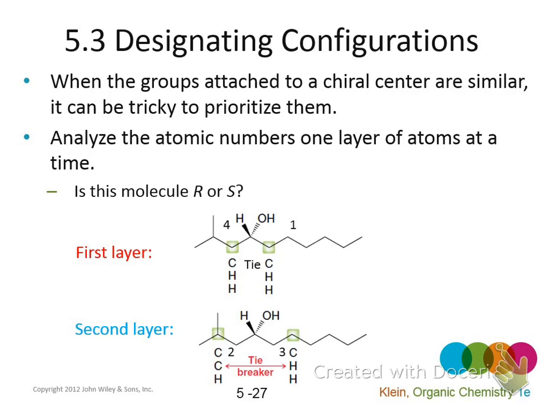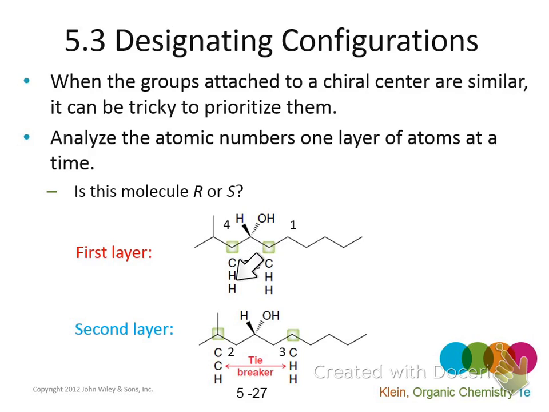Okay, let's do this one. This is just another example of tie breaking, right? It may not happen that the tie breaks at the first carbon away, so then you have to go to the next carbon out. So here, this carbon on the right is bonded to 2 hydrogens, so this side's carbon, hydrogen, hydrogen.